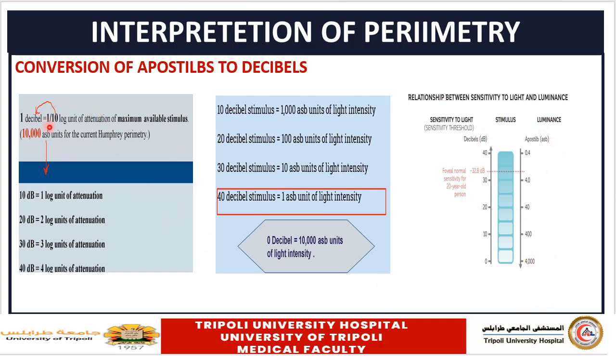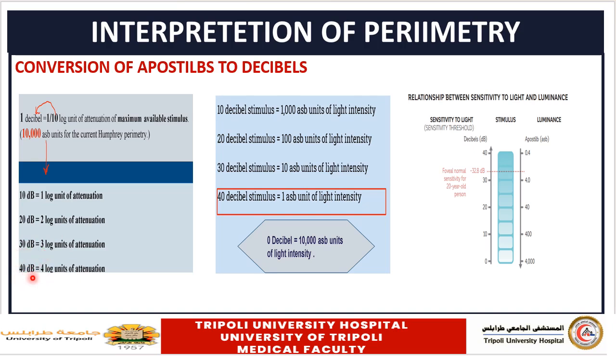Now, this stimulus undergoes logarithmic attenuation: if it undergoes one log unit of attenuation, its intensity will equal 10 decibels, and if two log units, its intensity will equal 20 decibels. And this system is inversely related to the retinal sensitivity. That is to say, if we say that the stimulus is 40 decibels, this indicates that the stimulus is very, very dim because it has undergone very high attenuation.